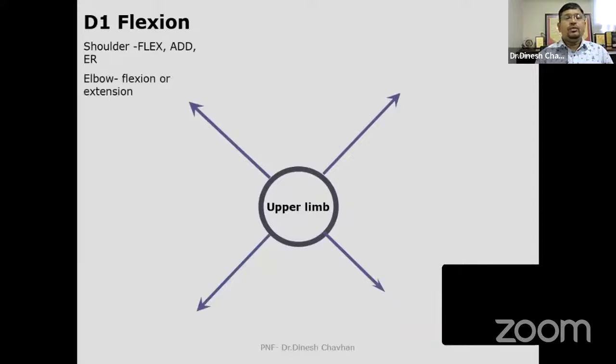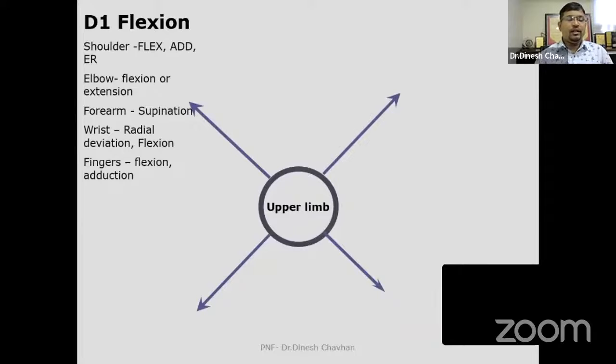At the elbow, flexion or extension depending on the short arc or large arc movement. Forearm supination, wrist radial deviation and flexion, and finger flexion and adduction. So in D1 flexion, we saw shoulder, elbow, forearm, wrist and finger movement.